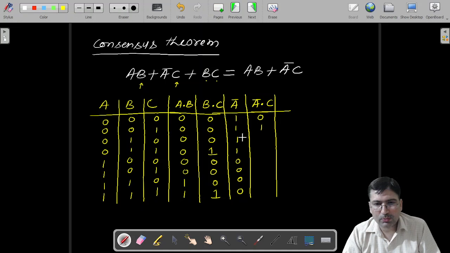Now it is 1 because both are 1. This is 0. This is 1. This is 0. This is 0. This is 0 and 0, right?